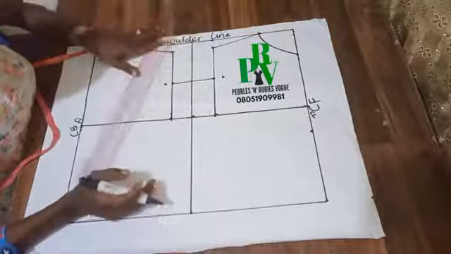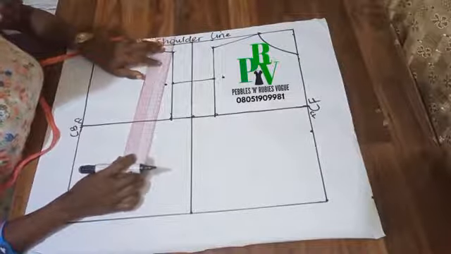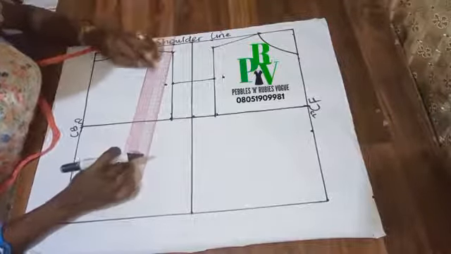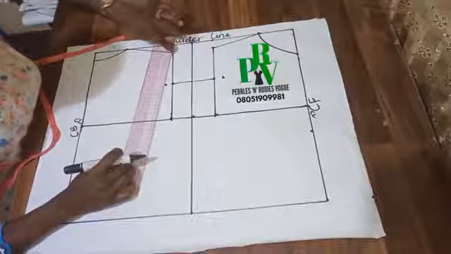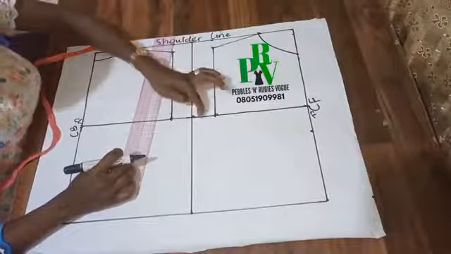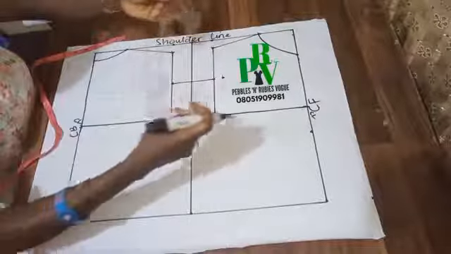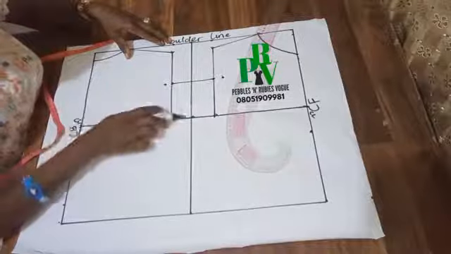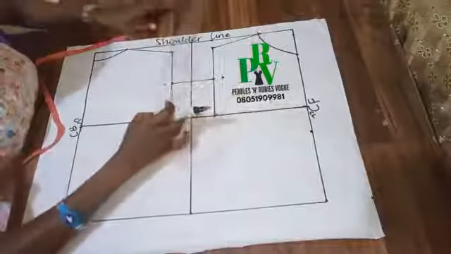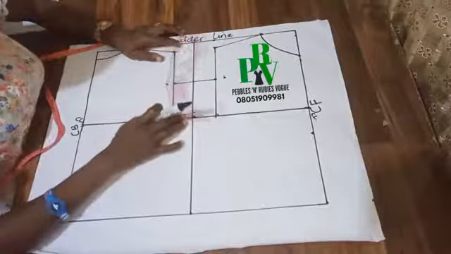From that point I'll use my straight ruler to connect this measurement to the shoulder slope, and then use my curve ruler to curve the armhole. Or I can also use my curve ruler to connect these 3 points, this shoulder slope, this point, and then to the chest line, connecting the 3 points like so.